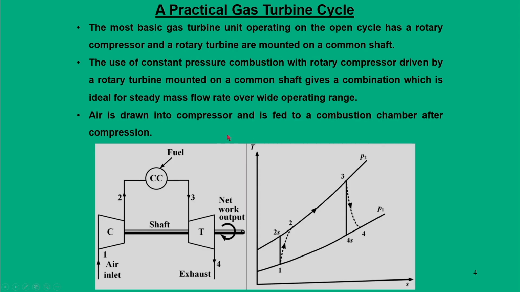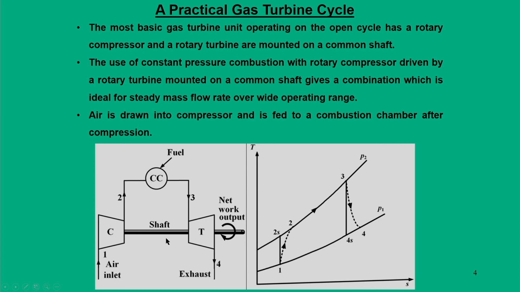As I mentioned in the last class, the most basic gas turbine unit has two major components, that is the compressor and the turbine. They are coupled with a shaft, and apart from that we have a combustion chamber where fuel is added, and in our analysis we will say that this fuel is equivalent to heat addition.